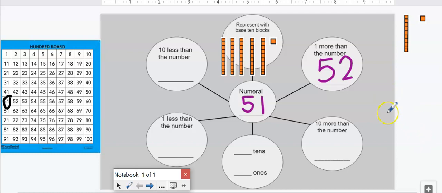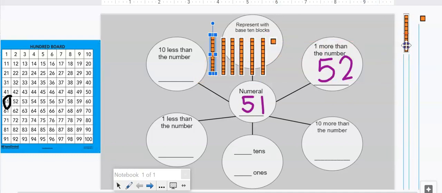What is 10 more? So notice on your 100 board, and also let's look, if I were to add 10 more here, how much would I have? 10, 20, 30, 40, 50, 60, 61.